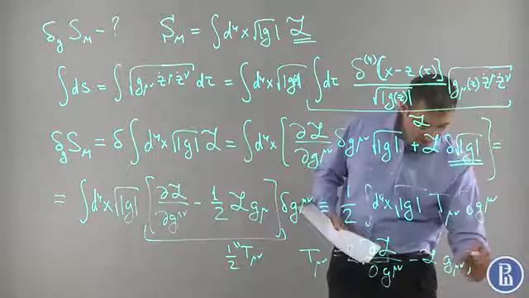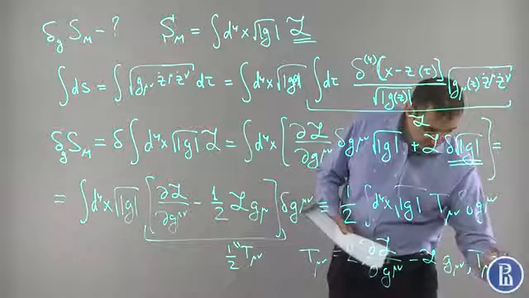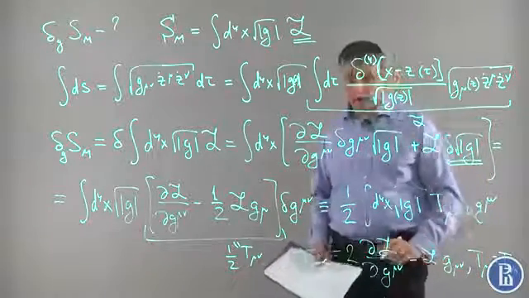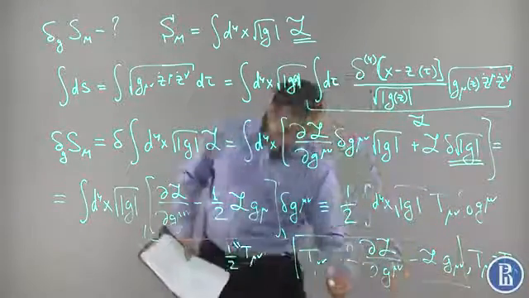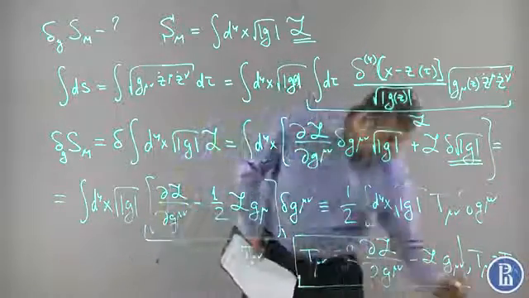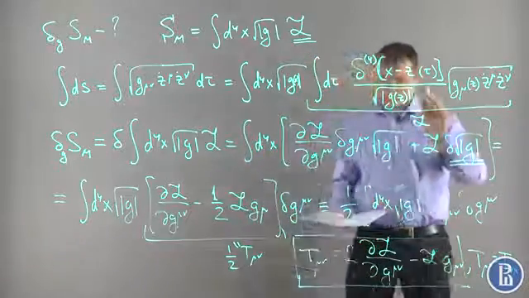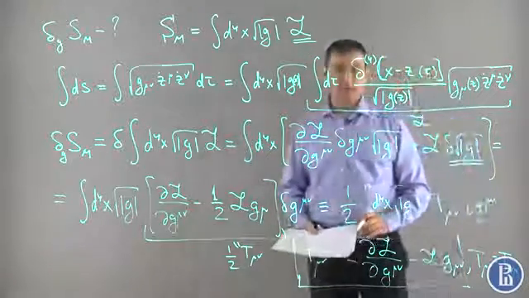So it is symmetric under the exchange of indices. And our goal now is to understand the physical meaning of this quantity. Who is this? We are going to understand the physical meaning of this quantity.